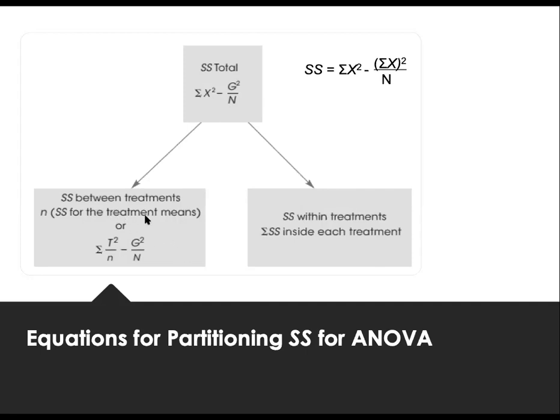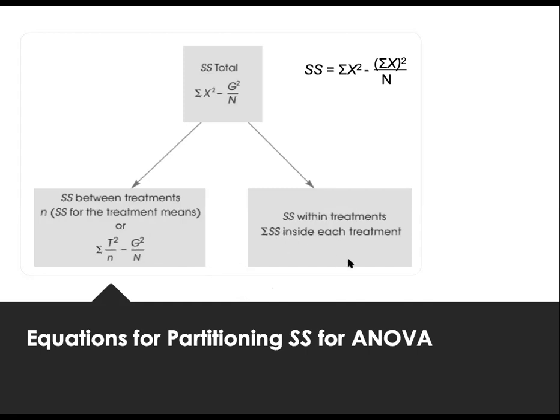For sum of squares between treatments, the formula is N times the sum of squares for the treatment means. And this is another way of calculating sum of squares between.